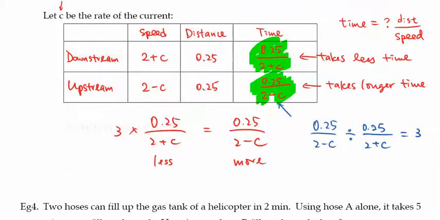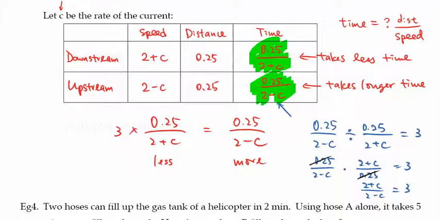So let's say if I want to solve the blue equation here, I'm going to turn this into a multiplication, and seeing how there are like terms, I can reduce it, giving us 2 plus c divided by 2 minus c equals 3.